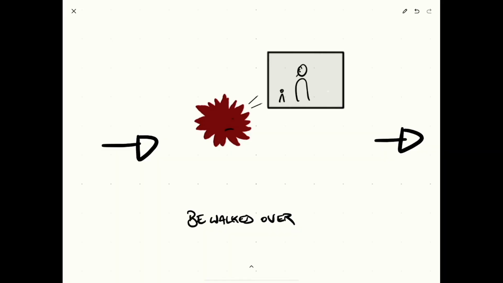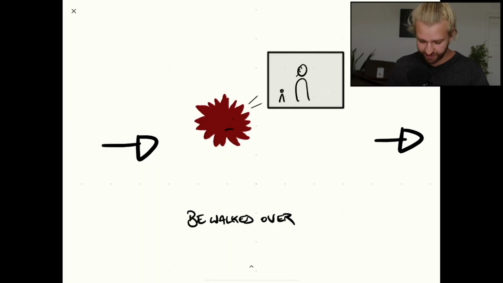And this answer didn't fully make sense to her. So one of the things you can do, and that happened in this session, is to ask, and when I don't get respect, when I'm not respected, what are you afraid could happen then? And the answer to that was, you could be walked all over.